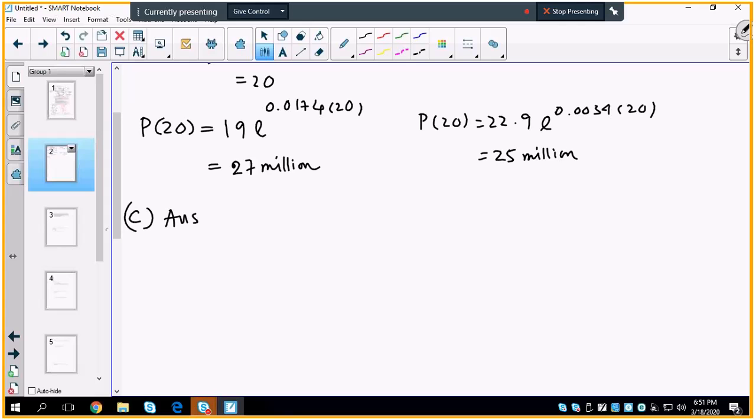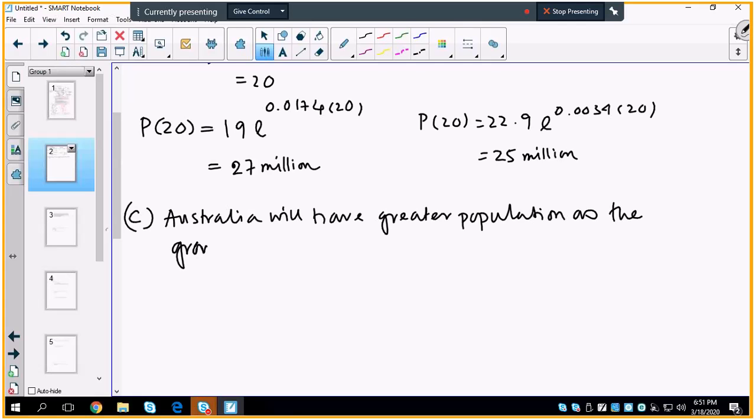I will say that Australia will have a greater population as the growth rate for Australia is higher. If you compare the two growth rates, Australia's growth rate was 0.0174, which is almost 1.74%, whereas Taiwan's growth rate is 0.0034, which is 0.3%.